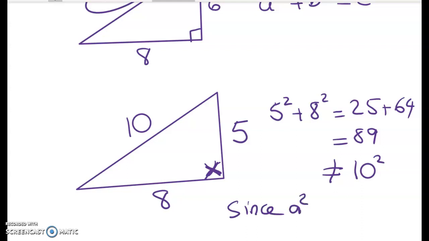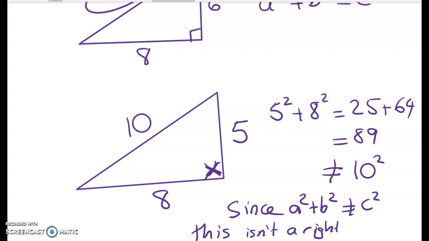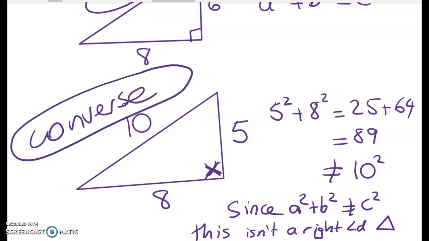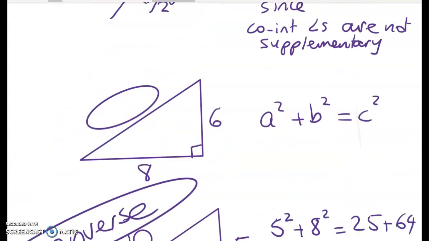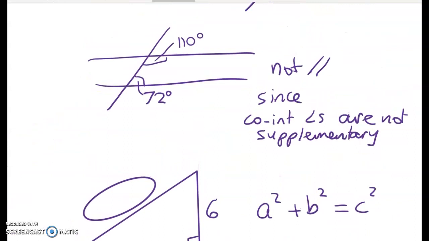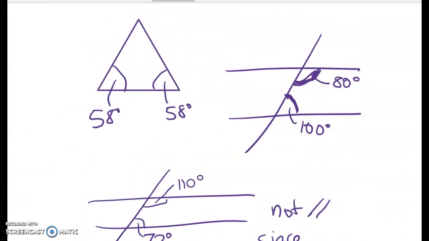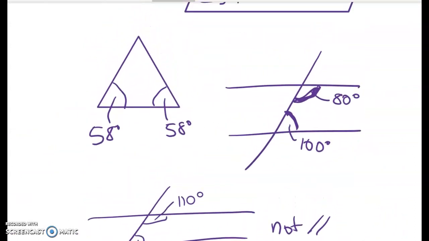So since a squared plus b squared is not equal to c squared, this isn't a right angled triangle. Okay, and we call this method of working backwards using the converse of Pythagoras, or up here the converse of the parallel line rules, or here the converse of the triangle properties.